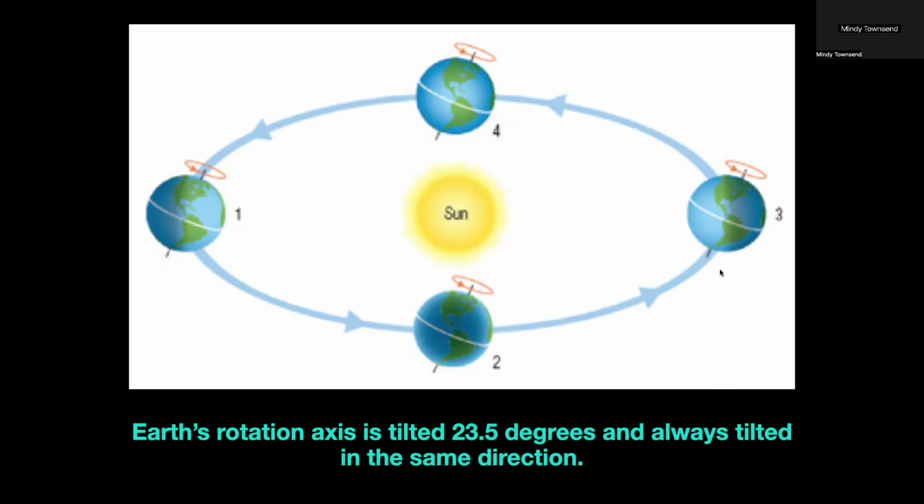It's tilted 23.5 degrees. And this tilt is oriented the same way, regardless of where Earth is in its orbit around the sun. So you see here at point 1, we have the axis tilted this way, and it's pointed in the same direction, regardless of where it is, right? The direction the axis is pointed doesn't change.